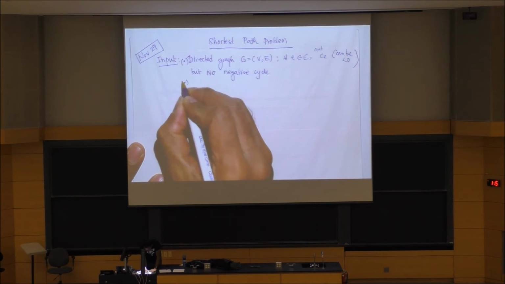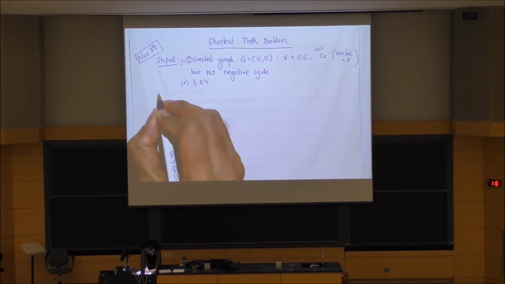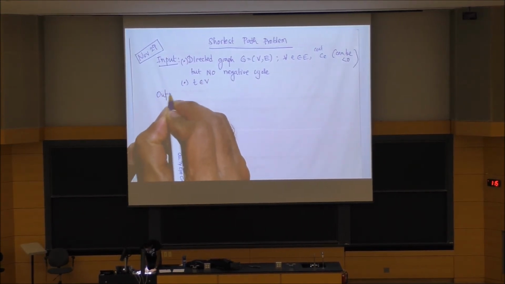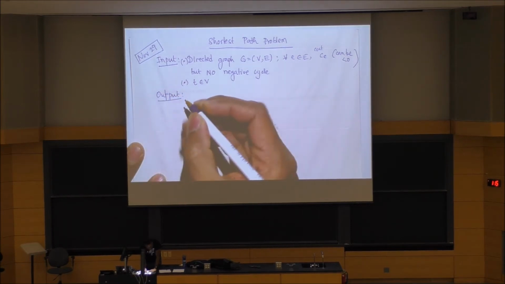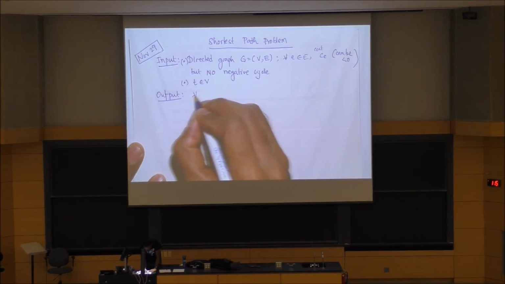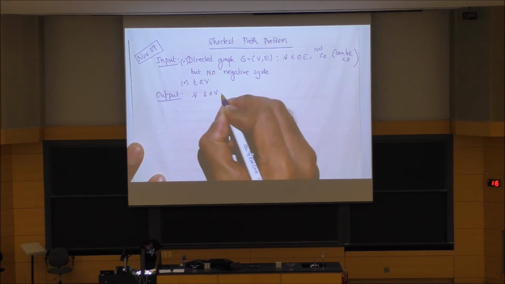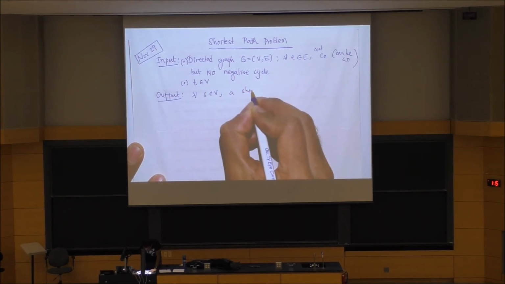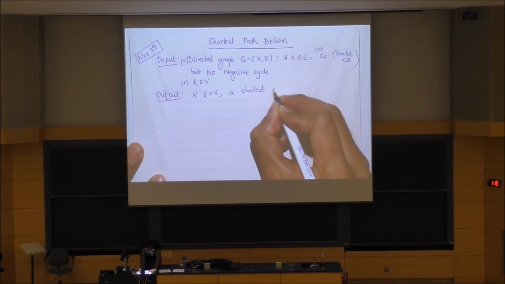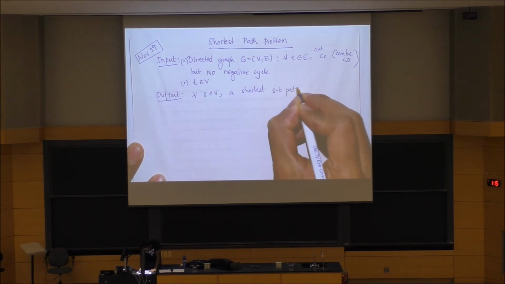You're also given a terminal vertex T, and you want to output, for all S in V, the shortest ST path.